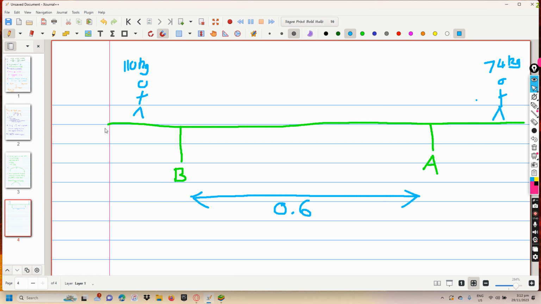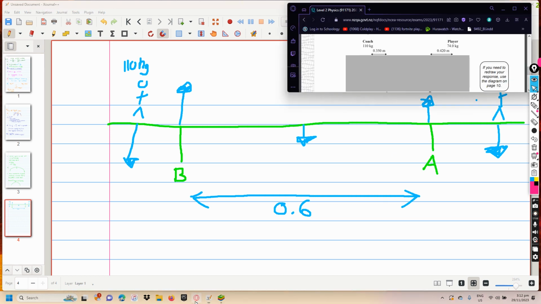kilograms, and there's forces. There's a weight force from the coach, a weight force from the player, a weight force from the bench, and 2 support forces. This support force will be slightly larger because the coach weighs more. Well, the coach is closer than this player, but I think it's going to be a pound.